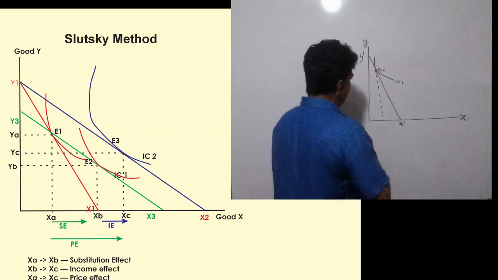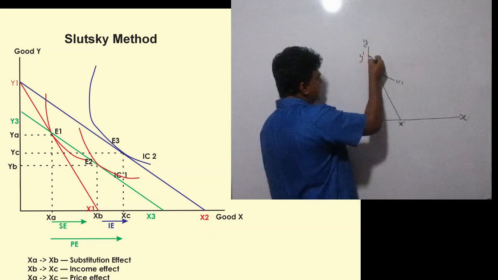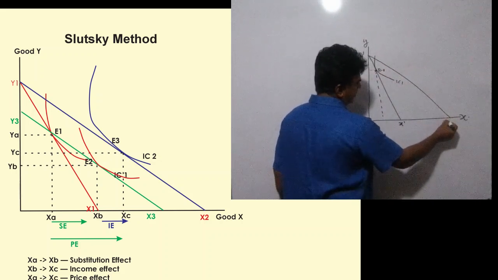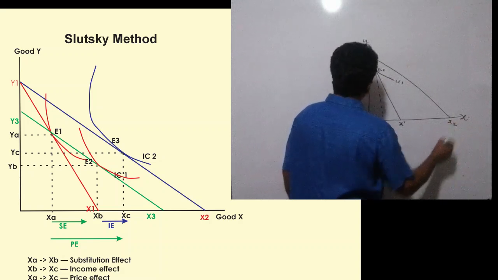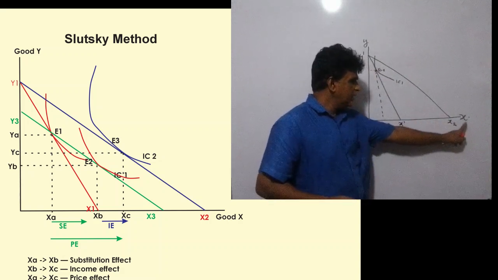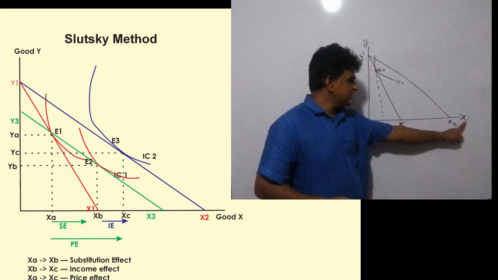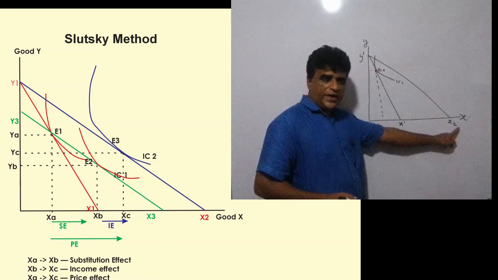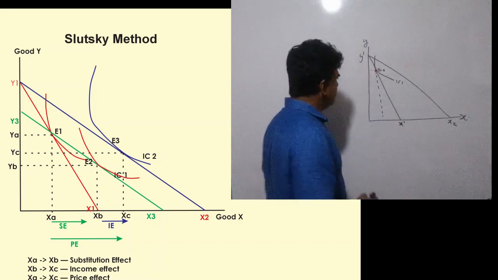Y1 X2 is the new budgetary line. Why? The price of good X has decreased, so consumers are using more of good X, right?